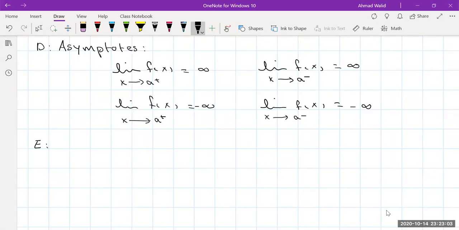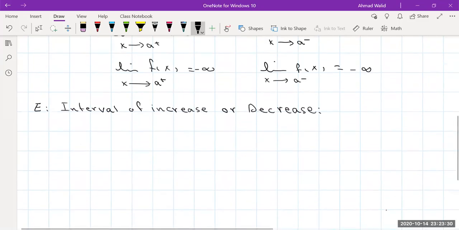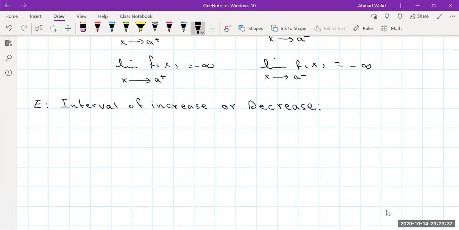Part E, intervals of increase or decrease. Remember, for each of them, I had a lecture for you, 3.1 to 3.4. How do you find the intervals of increase and decrease?